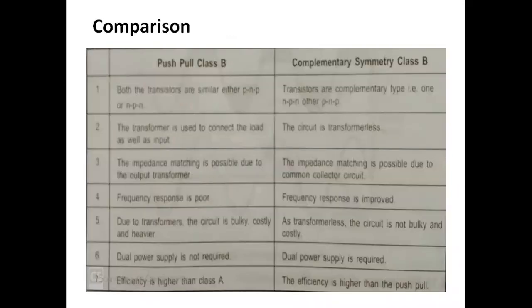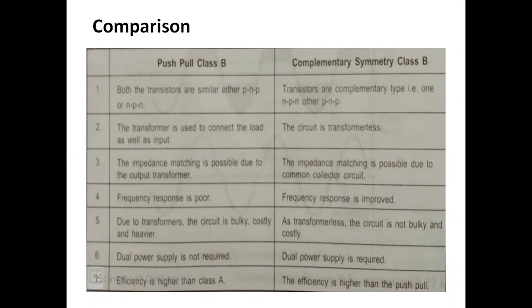Next, comparison between push-pull class B and the complementary symmetry class. What is the comparison of push-pull amplifier and complementary symmetry amplifier? If you compare these two amplifiers, first one is, in push-pull amplifier, both transistors are the same type, that is both are either PNP or both are NPN.